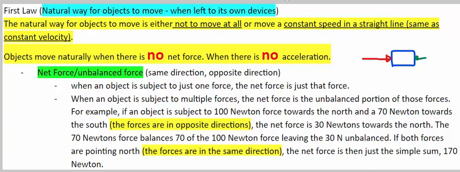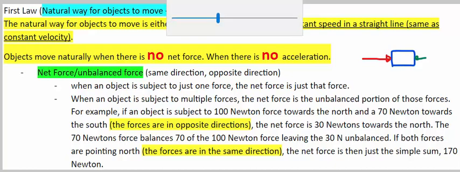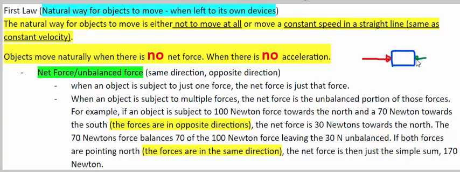So only a small portion of the red force is actually balanced. The amount that is balanced is going to be equal to the size of the green force, so it's going to be about this much that is balanced. And our net force, the unbalanced force, would be that remaining portion.